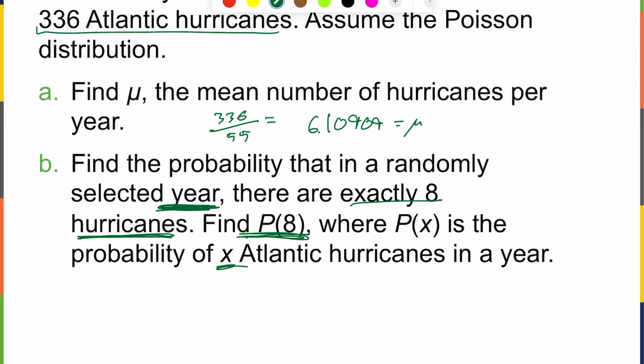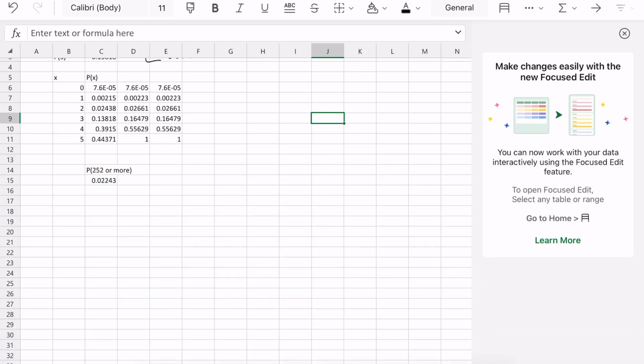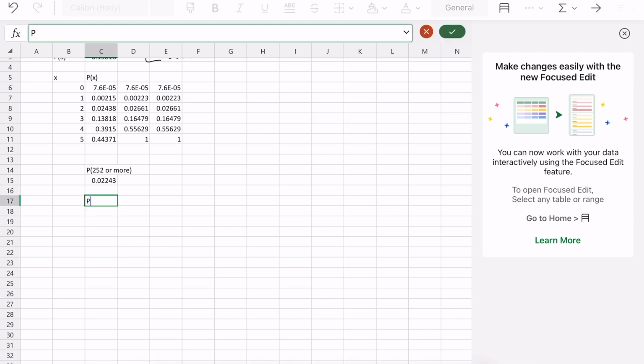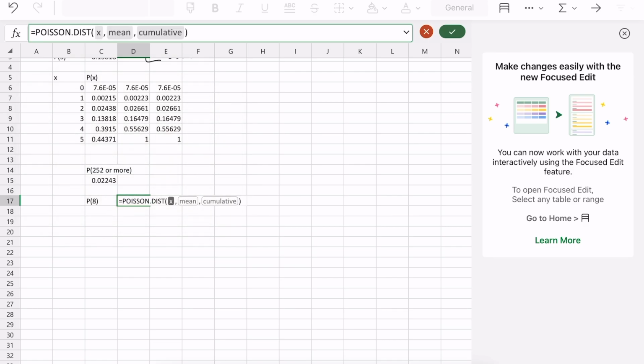So P of 8, let me just memorize some of these numbers here. 6.01. All right, let's go. So I'm going to go here to Excel. So this is the Poisson distribution now. I want P of 8 here, and that is going to equal the Poisson distribution.